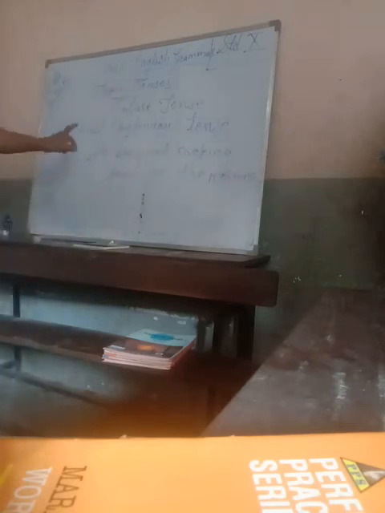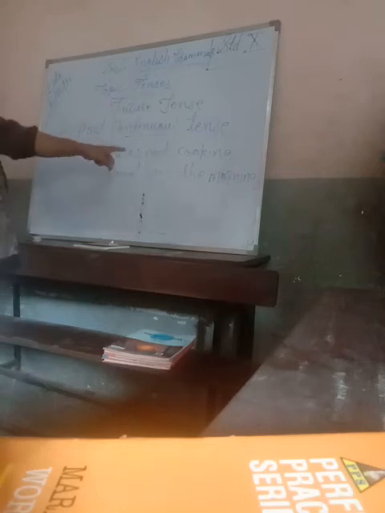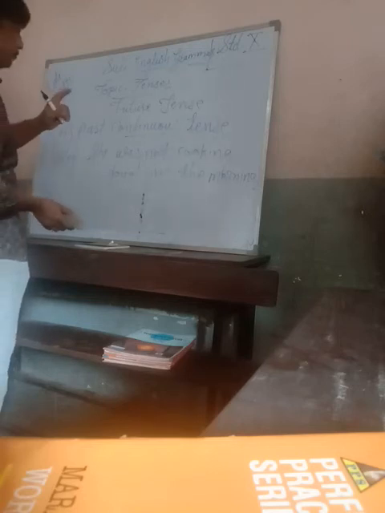So see that now the only difference is the negative word not. Correct? So all the sentence is as it is. There is no change we made except the word not.